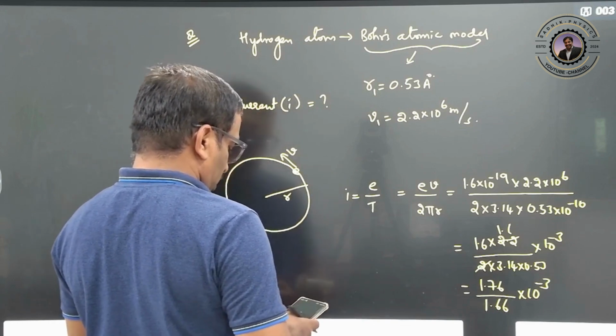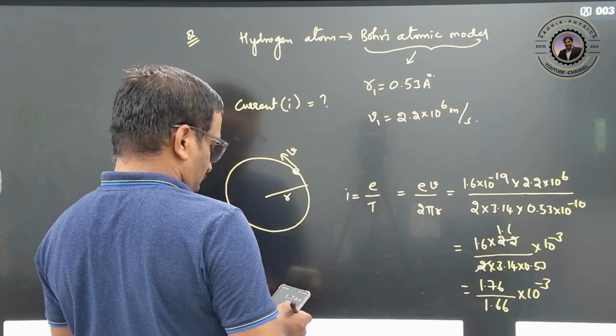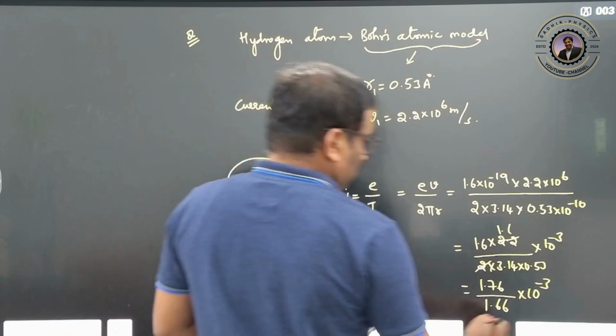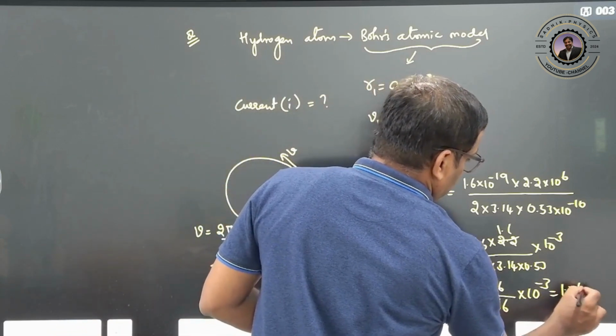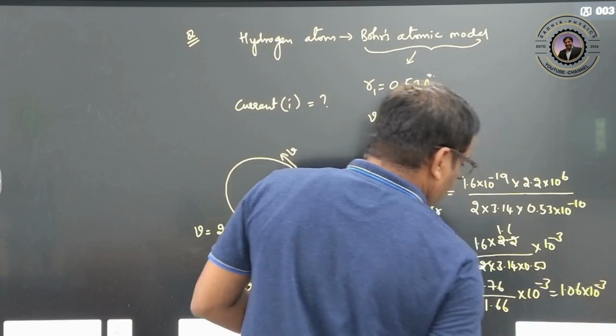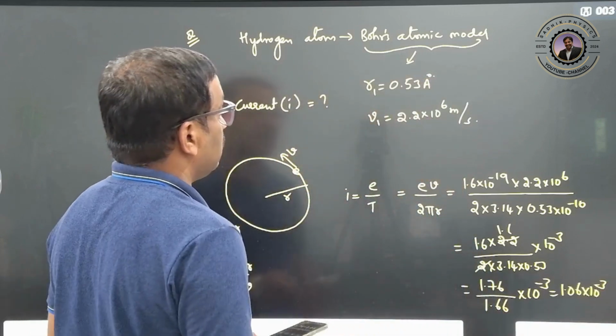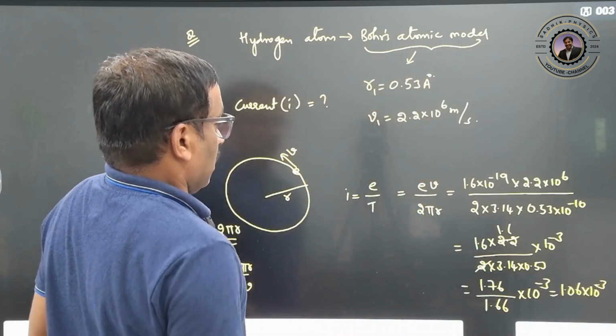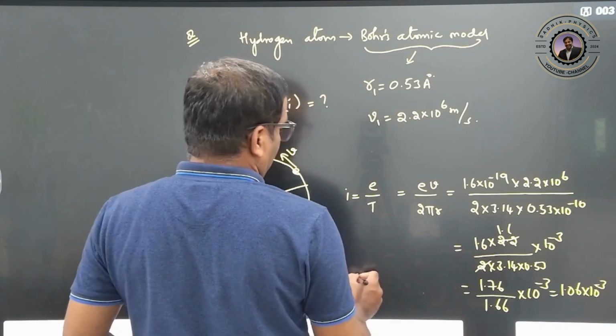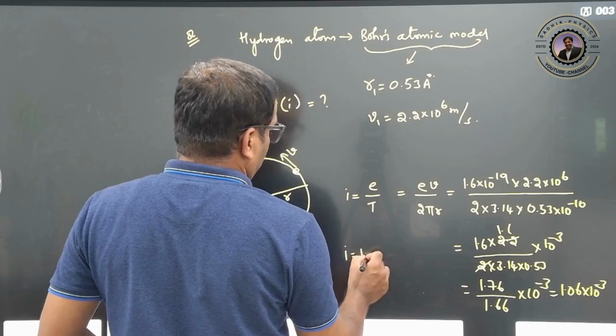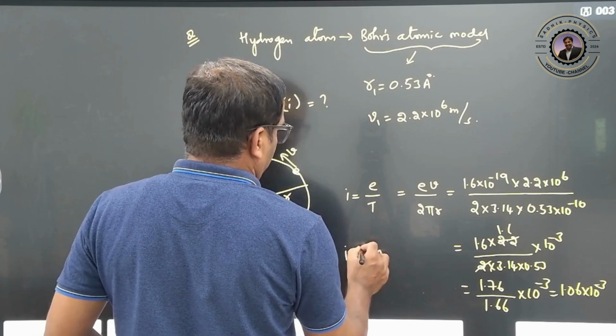So approximately 1.76 divided by 1.66, so 1.06 into 10 to the power of minus 3. Clear? So 1 milliampere you can take it now. Current is equal to 1 milliampere.